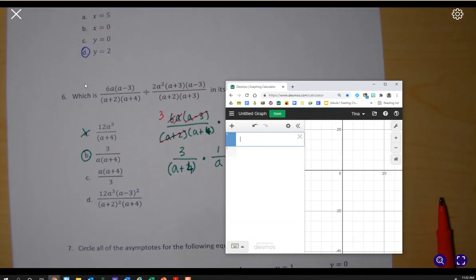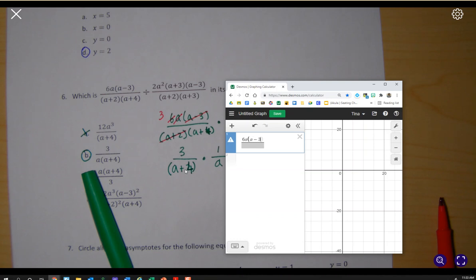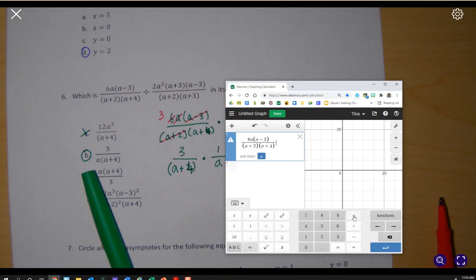You have to type all this up in here and then type up the answer choices. The only difference is just when you're typing this up, make sure to do it like this. You have a minus 3 over a plus 2, a plus 4. When you do a division bar in Desmos, so like if you hit the division, it drops it all in the denominator.